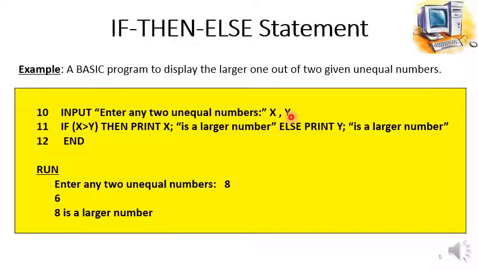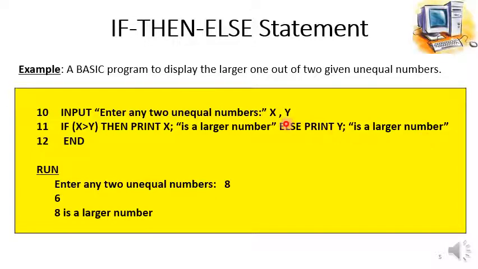X and Y are the variables for which we will input two unequal numbers. Then we are writing the if then else statement. If X is greater than Y, then print X is a larger number. Else print Y is a larger number.